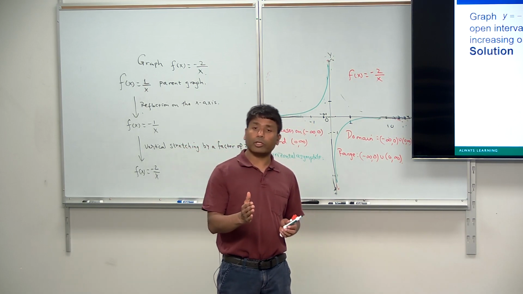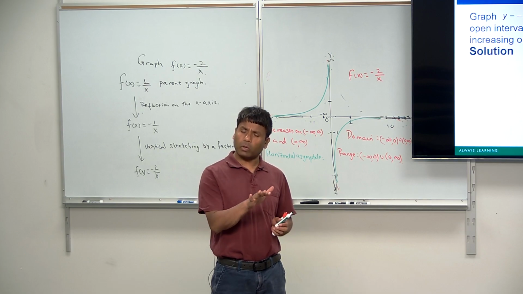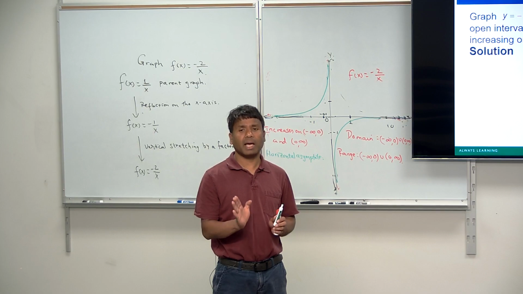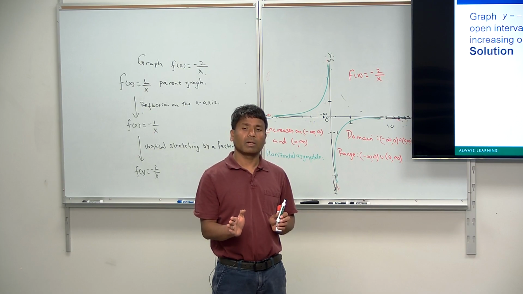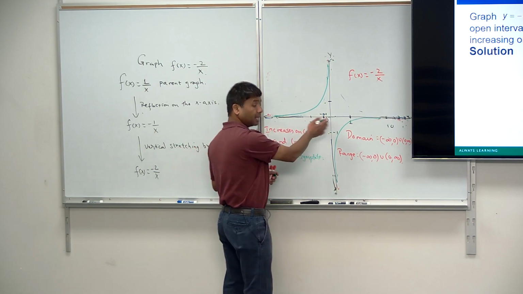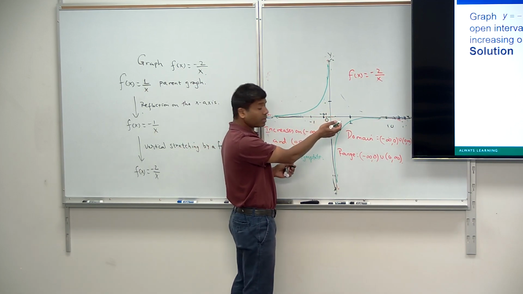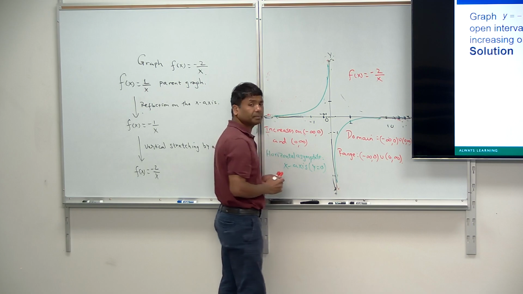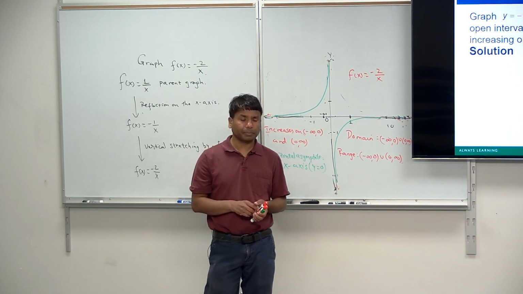The graph of the function gets pretty close to the x-axis, but never intersects the x-axis. Is that right? So would it still be 0? Yeah. So the horizontal asymptote is the x-axis. And the equation of the x-axis is y equal to 0. That makes sense?